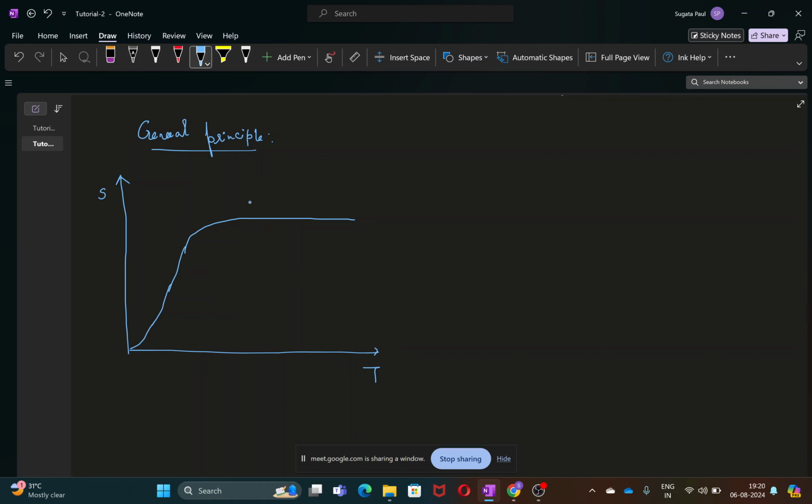So this is for, let's say, zero magnetic field, when H equals 0, there is no magnetic field present. Then the entropy initially increases with temperature, because the disorder or the randomness in the system increases with temperature increase, and then it eventually gets saturated after some time.